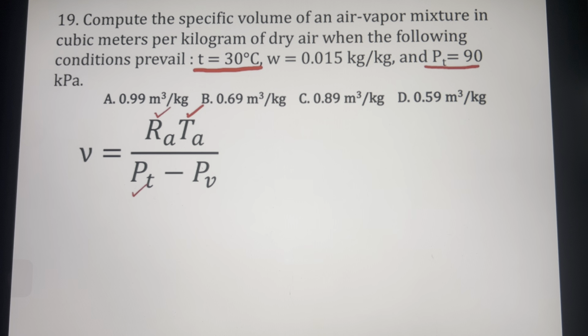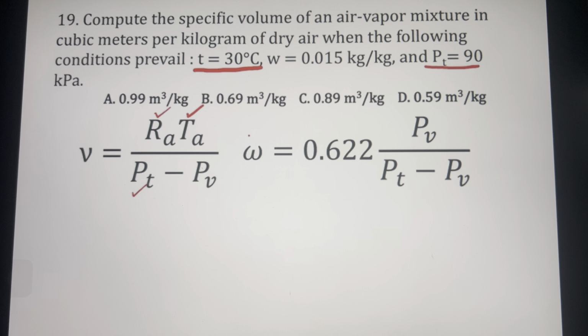Okay, so R is constant, temperature is also given, and PT is also given. What we don't have is PV, but we do have the specific humidity, which has a formula of 0.622 PV over PT minus PV. So we can solve our PV. Let's calculate first our PV.